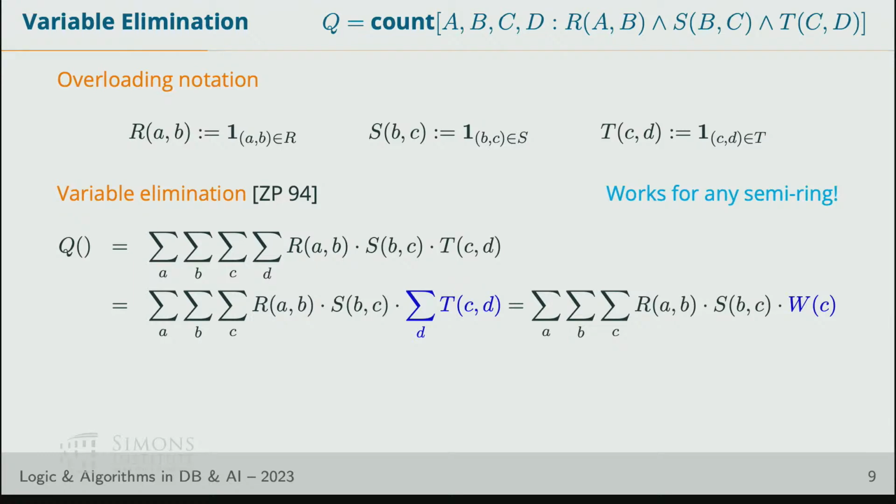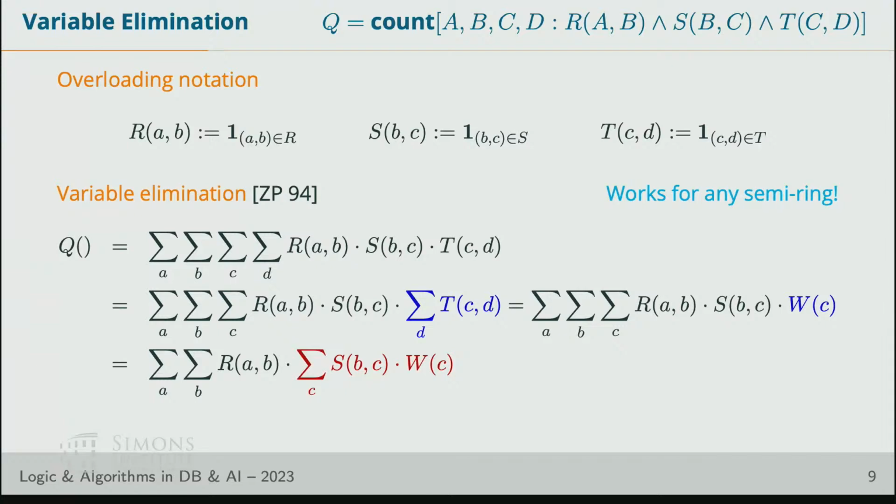You can store this in a relation. Then we play the same game again, but this time we're pushing the summation over C inside. Here we are summing over the degree of this vertex C, and we have to check whether or not that vertex C is in the BC relation.